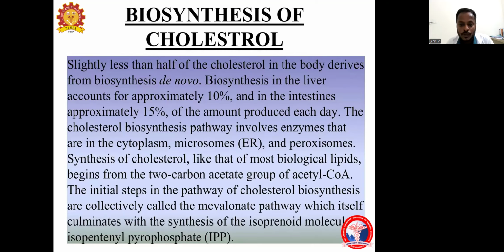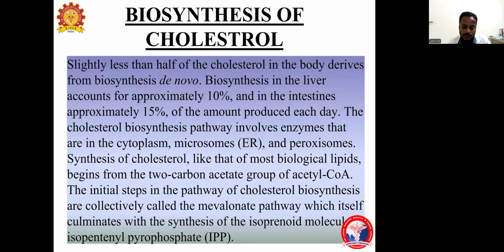So in the liver approximately 10 percent is synthesized, and in the intestine 15 percent of the amount produced each day. The enzymes for cholesterol biosynthesis are present in the cytoplasm, microsomes, and peroxisomes. Most biological lipids begin from two carbons combined together to form acetyl CoA.